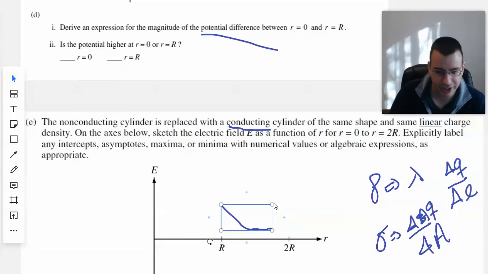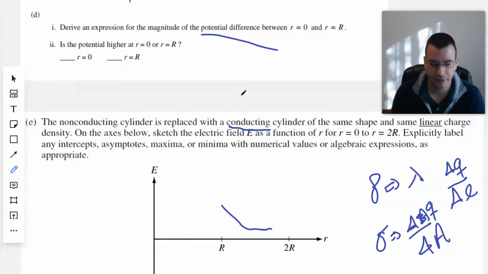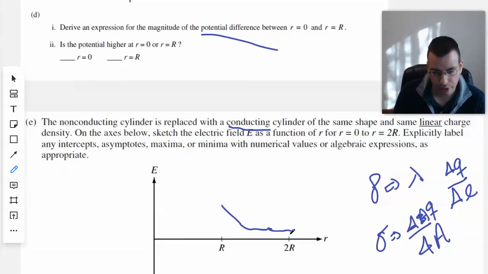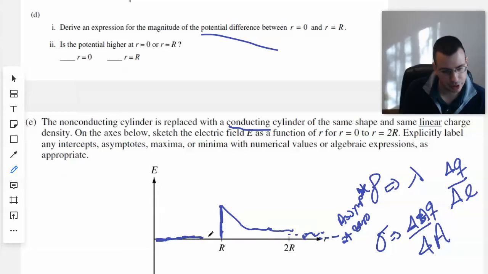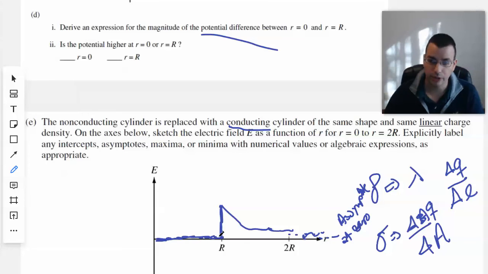It's going to be the same as above, but only for r greater than R, and then asymptote at 0. It's terrible, but you get the idea. And then you'll have the step jump right there.